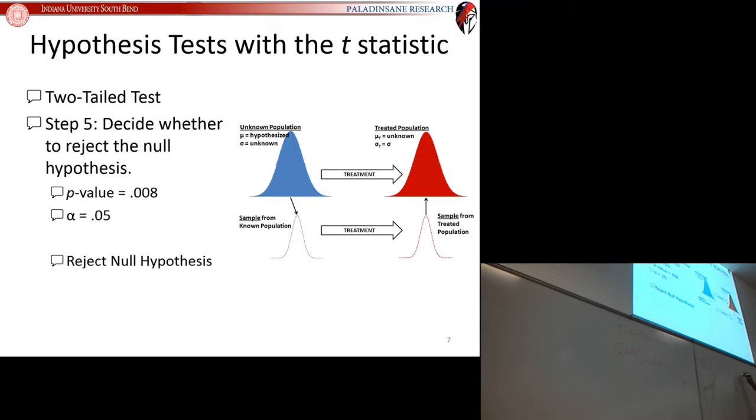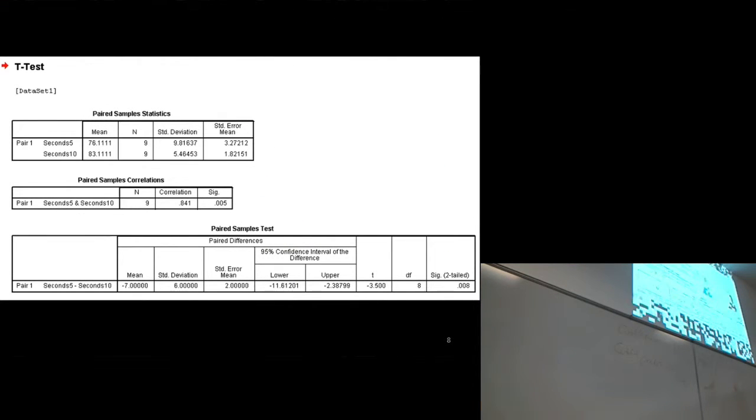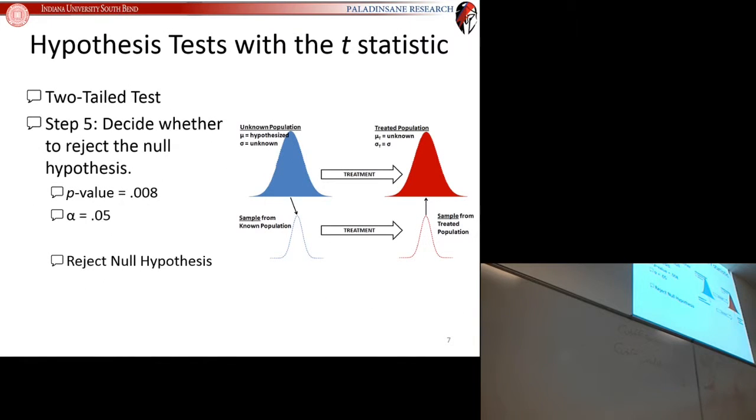SPSS figures out where your sample is on that comparison distribution, and that's your sample's probability on the positive side, and that's your sample's probability on the negative side. That is what that p-value is. That p-value is your sample's probability on one side plus your sample's probability on the other side.